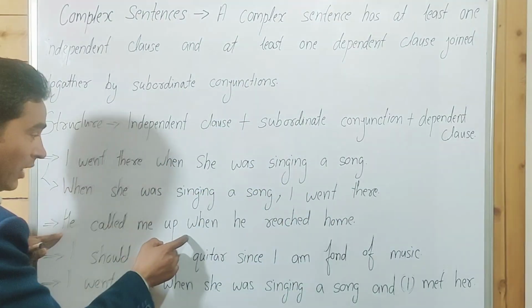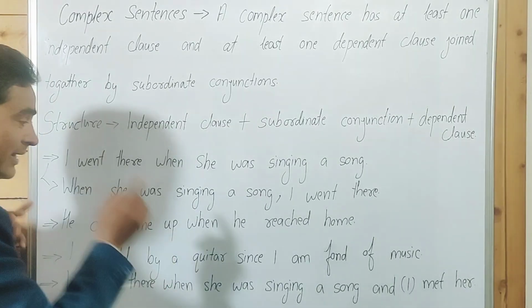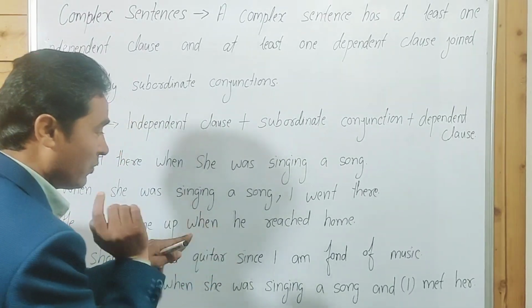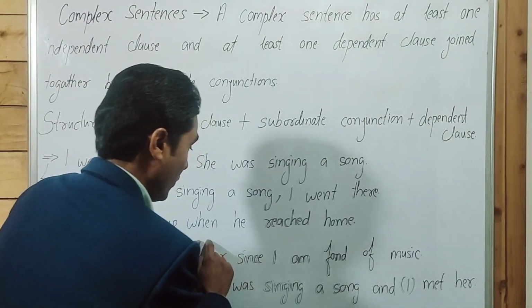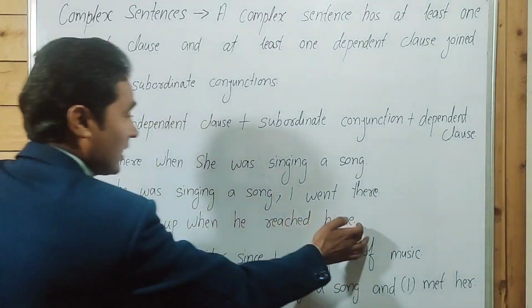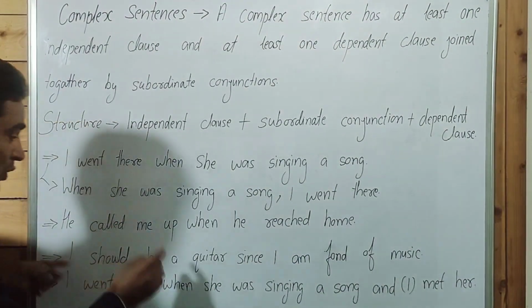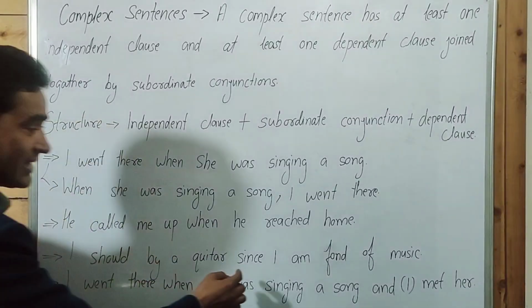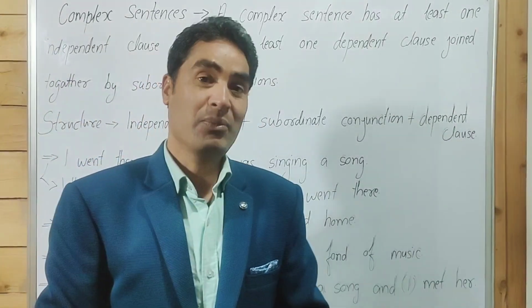He called me up is an independent clause, when is a subordinate conjunction, when he reached home is a dependent clause. It's a complex sentence. I should buy a guitar since I am fond of music.